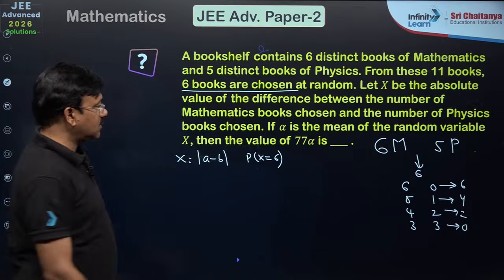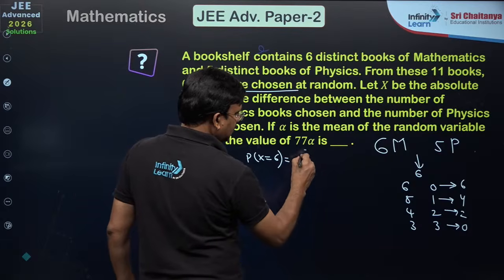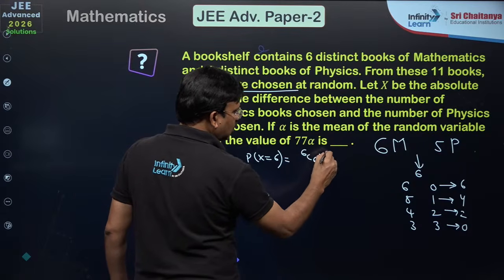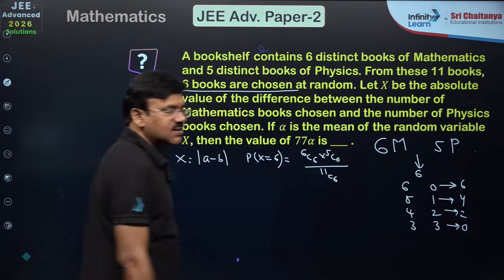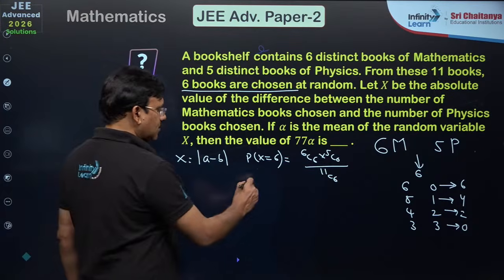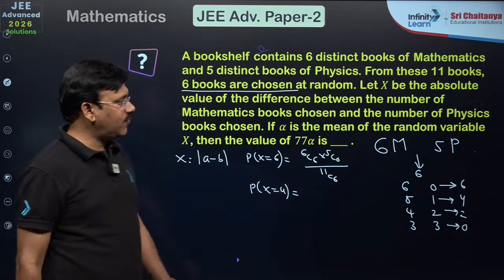P of X is equal to 6 means you have to select 6 from here, 6C6 into 5C0 by 11C6 is the probability. Suppose P of X is equal to 4, that means the difference must be 4.